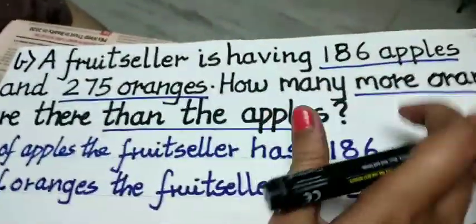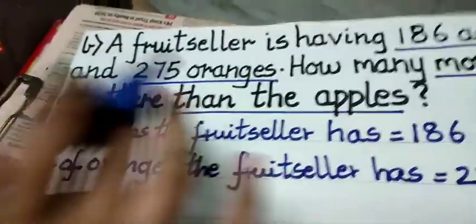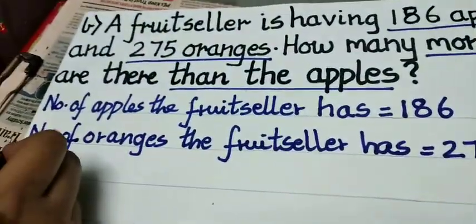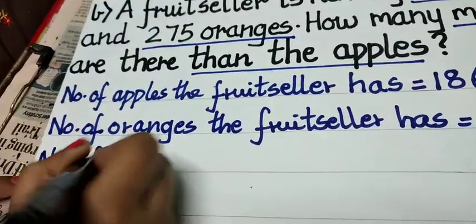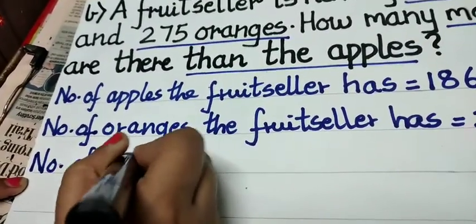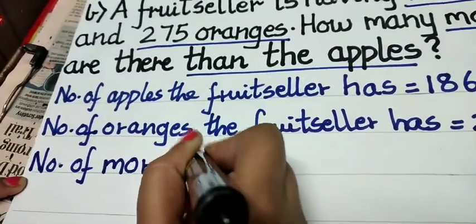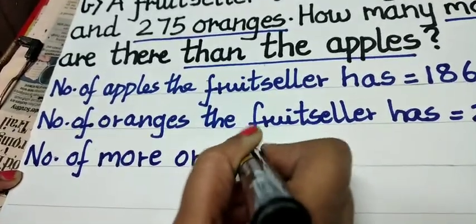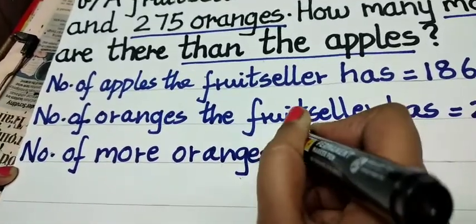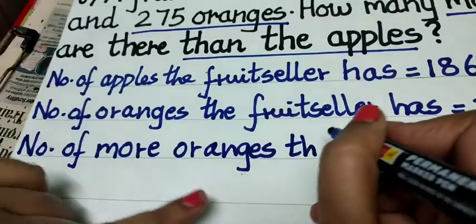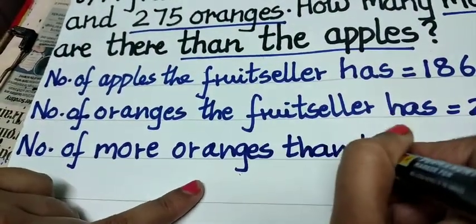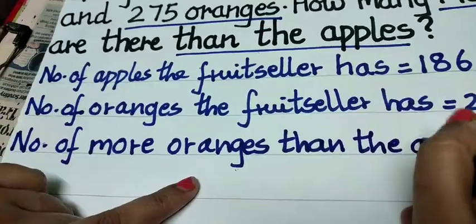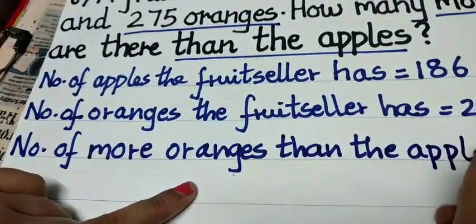Now, how many more oranges are there than the apples? Number of more oranges than the apples is equal to how much?